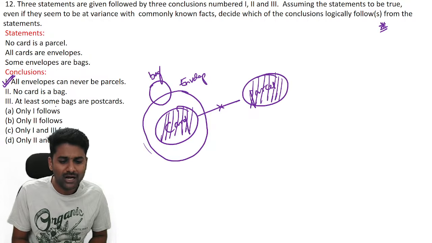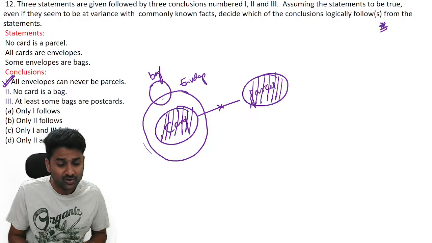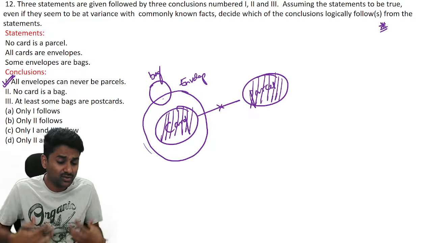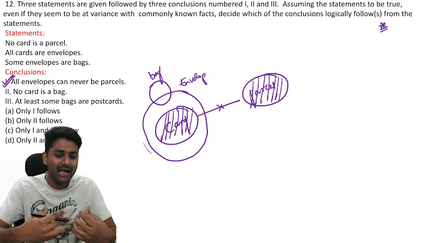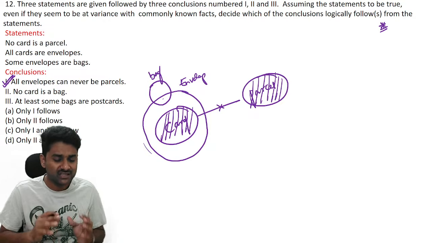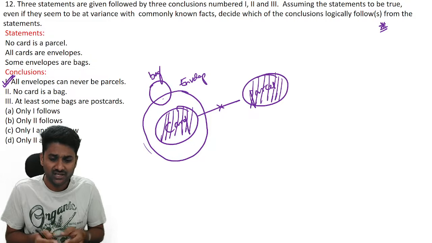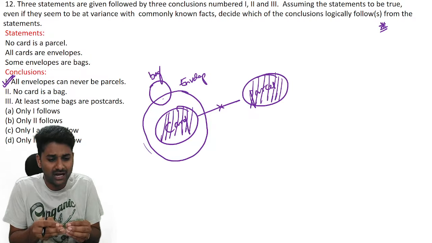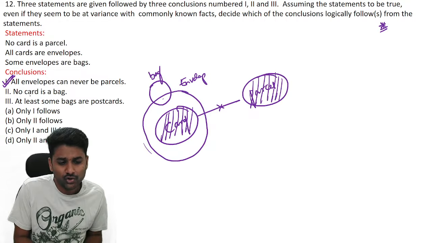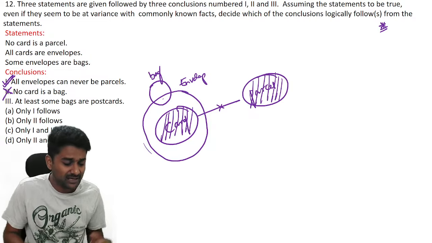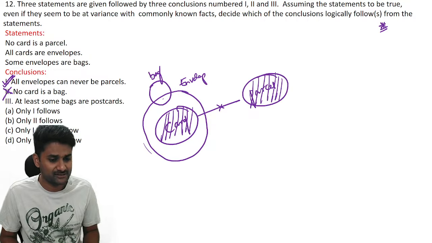Second one, no card is bag. Guys, we don't have any direct relation and we don't have any restriction. Restriction in the sense of a negative statement between bag and card. No direct relation, no restriction, then we can assume a relation. So we can place card into the bag, you can place bag into the card. But they clearly mention that you cannot place anything between card and bag. It's invalid. Why? Because we can assume some relations.